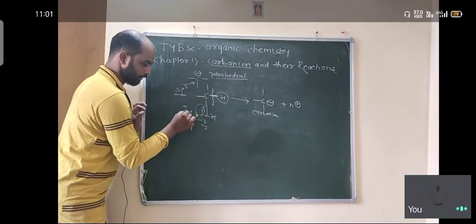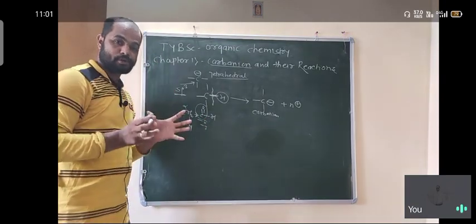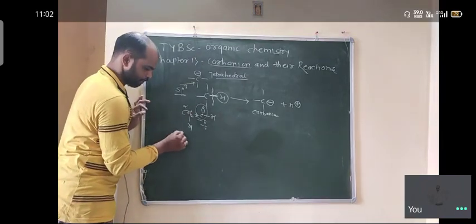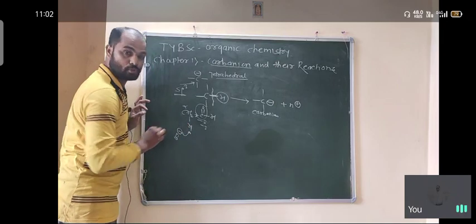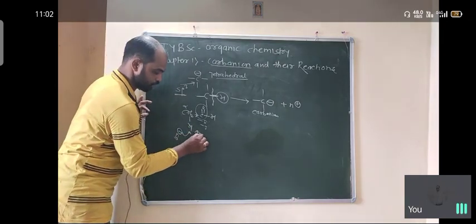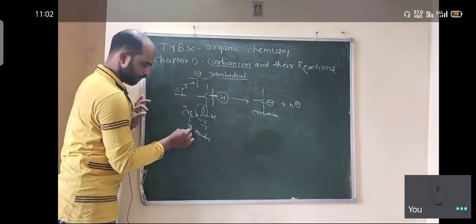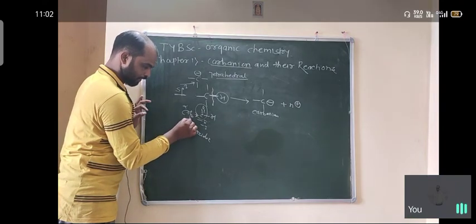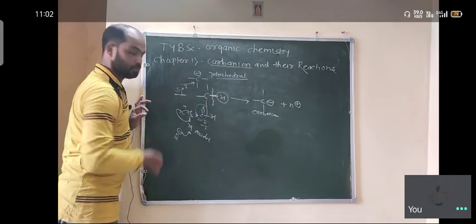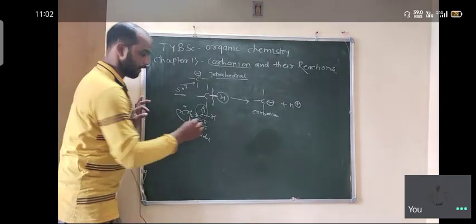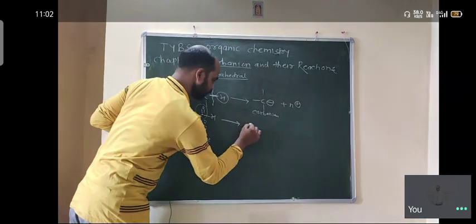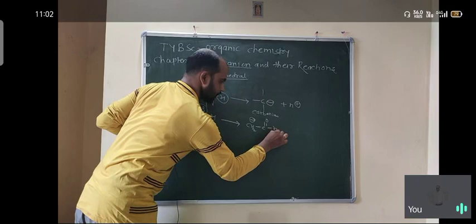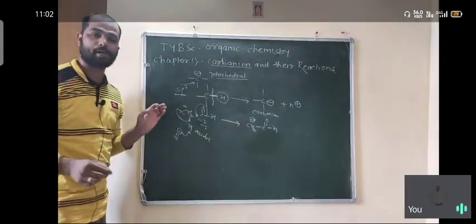Due to this there is a polarization of the C-H bond, and any base will abstract this acidic proton. When the base abstracts this proton, the two bonding electrons are left on the carbon, so there is a formation of CH2 negative, C double bond OH. Again we call this a carbanion.